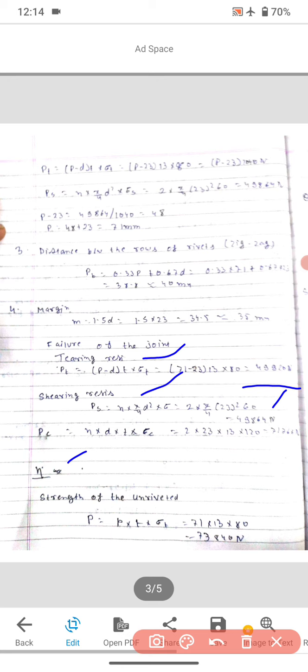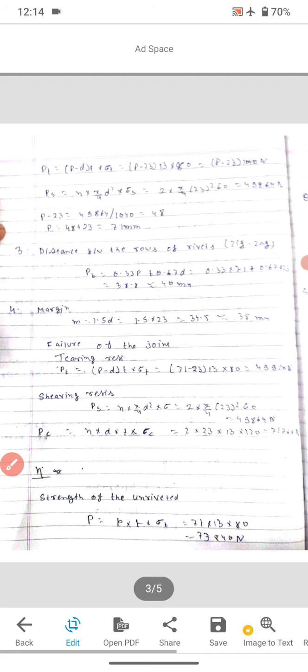We have done a number of questions and seen that the minimum value varies according to the question criteria. So you are going to divide the minimum value, your shearing resistance value, by the strength of the unriveted plate.